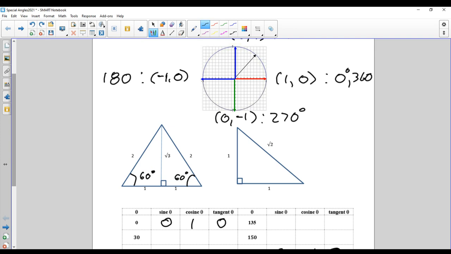But if I drop the line from the vertex here straight down to the middle of this, which splits it half and half, then each of these angles on either side would be how much then in that case? Yes, Masumi? It would be 30 degrees. So this is going to be 30 degrees on either side.